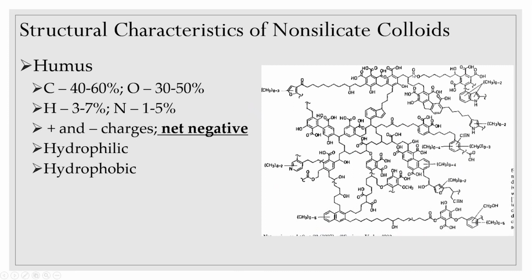Along with all of these, there are going to be both positive and negative charges on this in various places, based on how these bonds change within this structure. But overall, it's going to be a net negative. Remember that our humus has a CEC somewhere between -100 and -500 centimoles of charge per kilogram. And they're going to have both hydrophilic and hydrophobic tails in here that are going to influence the water holding capacity.